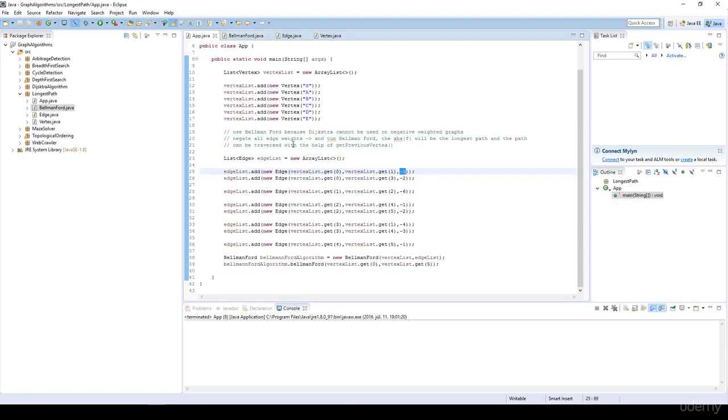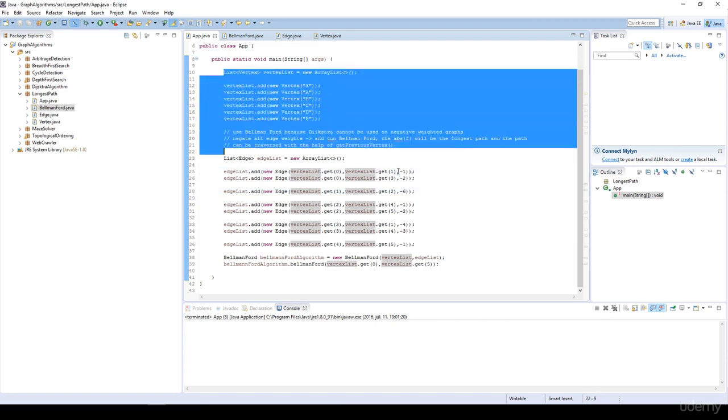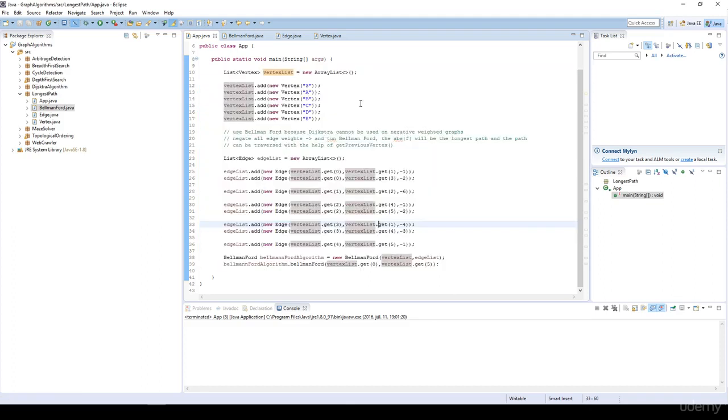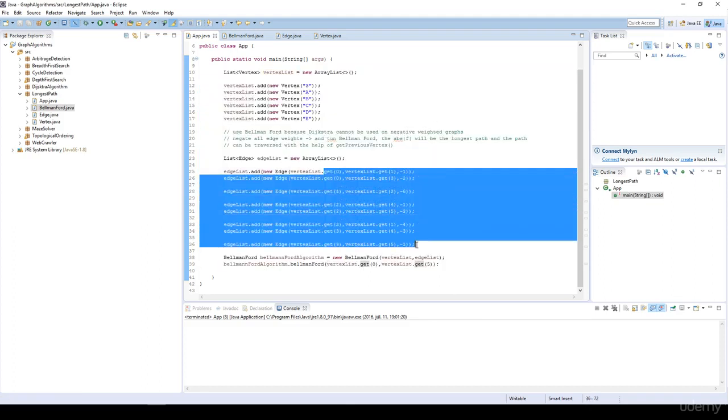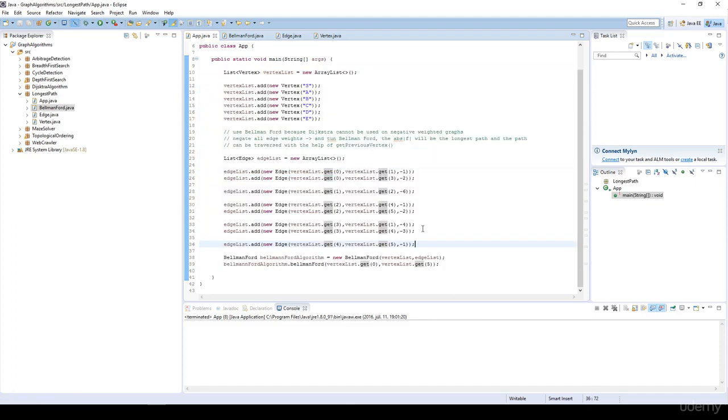Okay, so in the application we have many vertices, we have a vertex list, and basically we add the edges between A, B, C, D, E, S and so on vertices. And basically we just have to run the Bellman-Ford algorithm, and because we have negated the edge weights, that's why Bellman-Ford algorithm is going to find the shortest path in this transformed graph, but in the original graph it's going to yield the longest path.